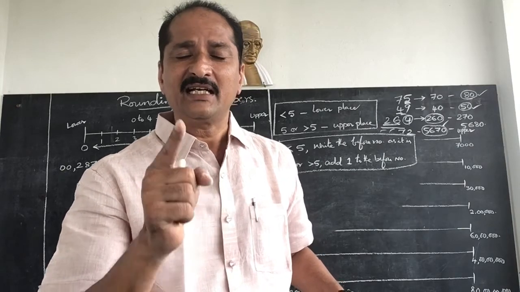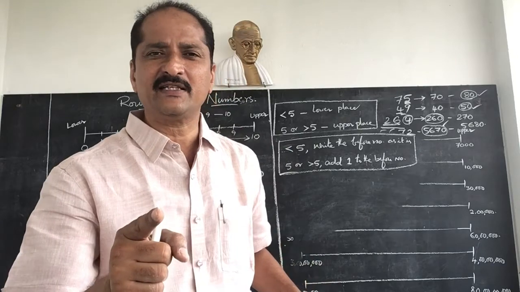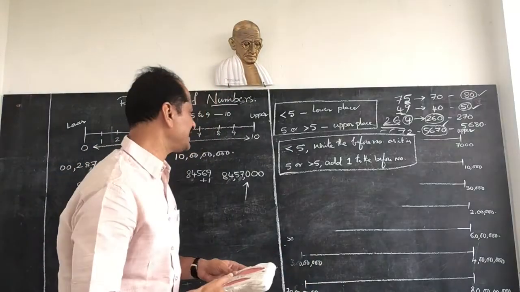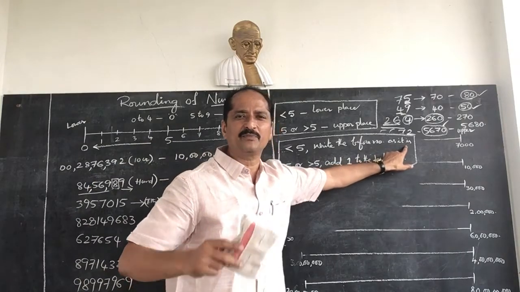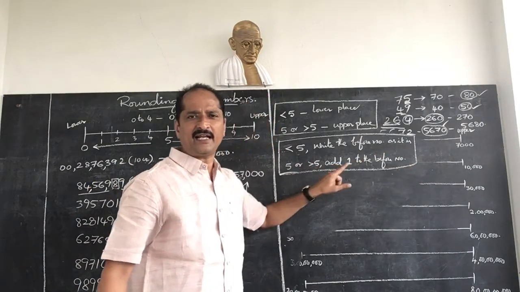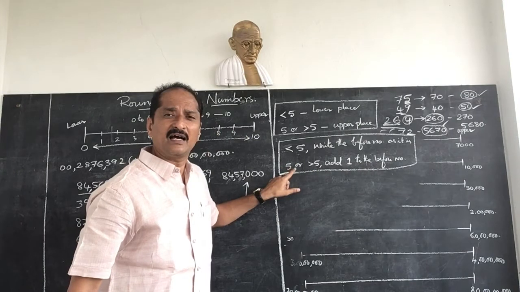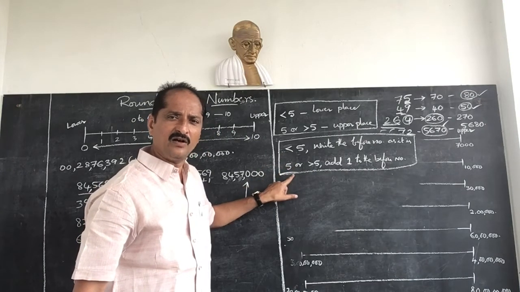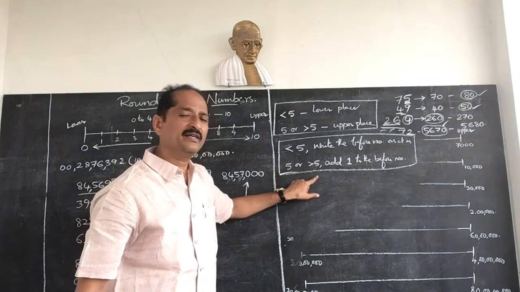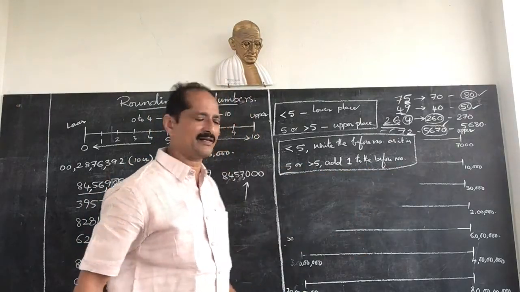We should check the digit in 1,000's place. If the digit in 1,000's place is less than 5, write the before number as it is and put zeros. Then if the digit next lower than that place is 5 or more than 5, then add 1 to the before number.